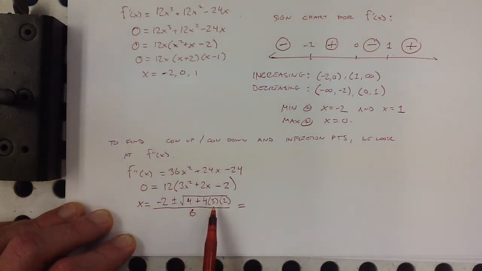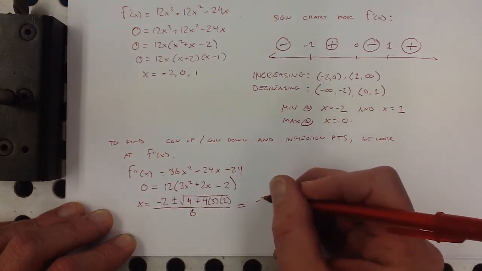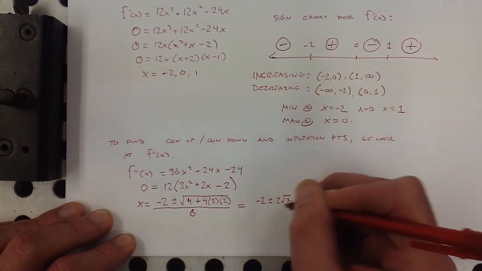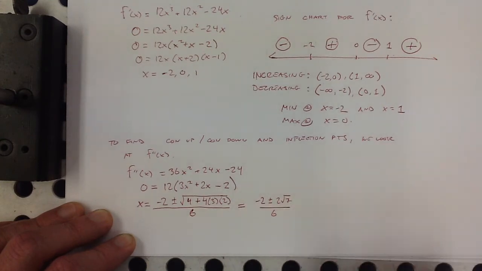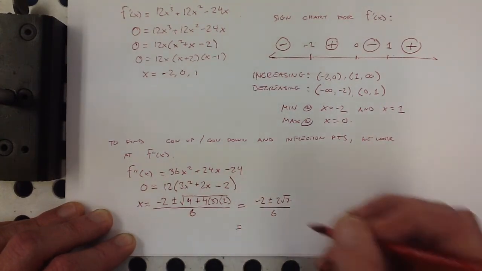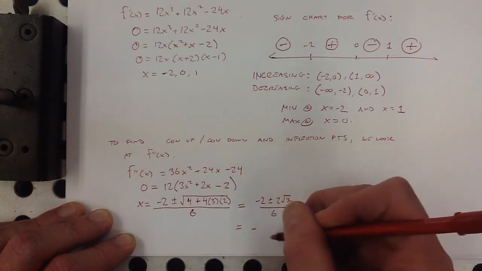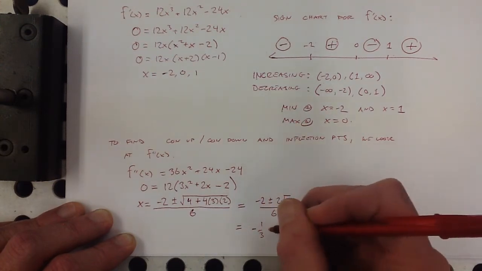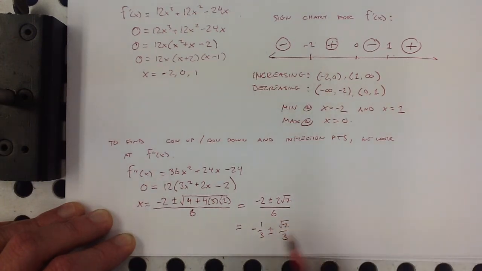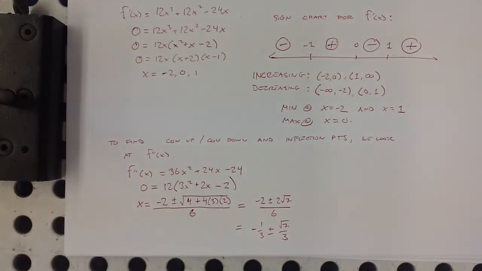So let's see, that's 4 times 2 is 8 times 2, this is 28. I'm going to take that all the way home. I don't know, you could write it like that. You could write it with a big 3 on the bottom, something like that.